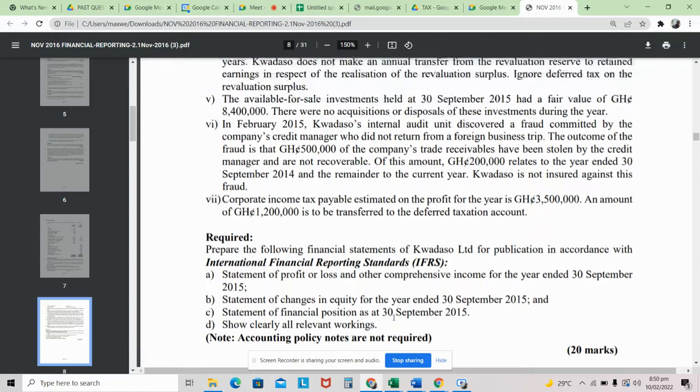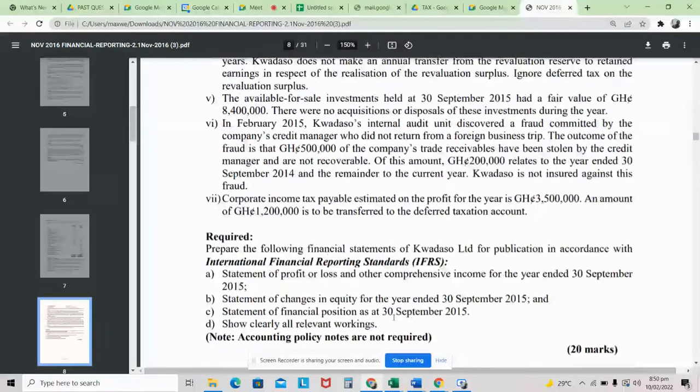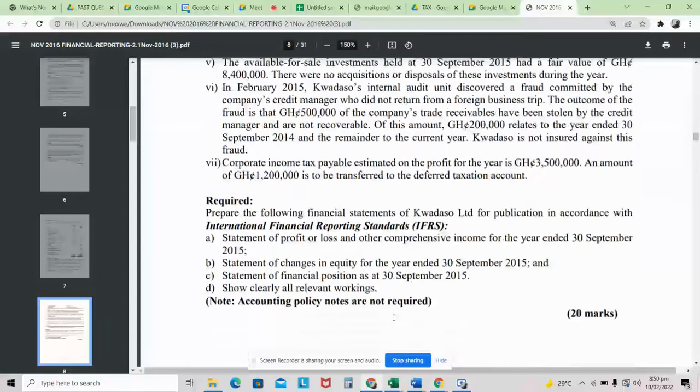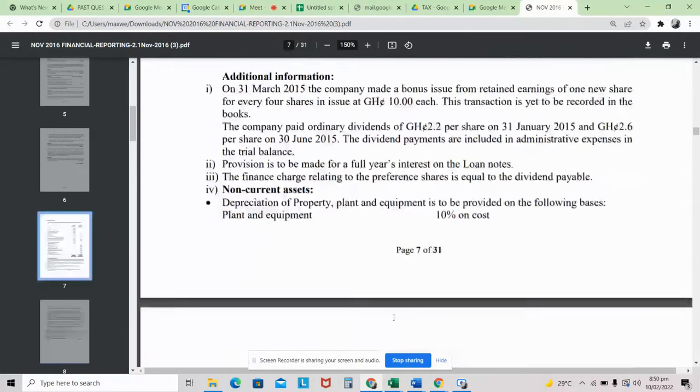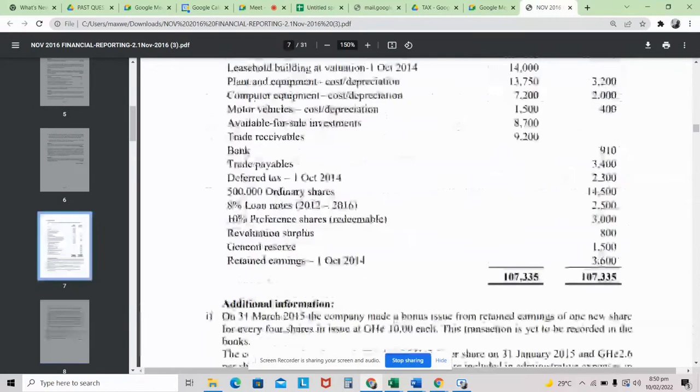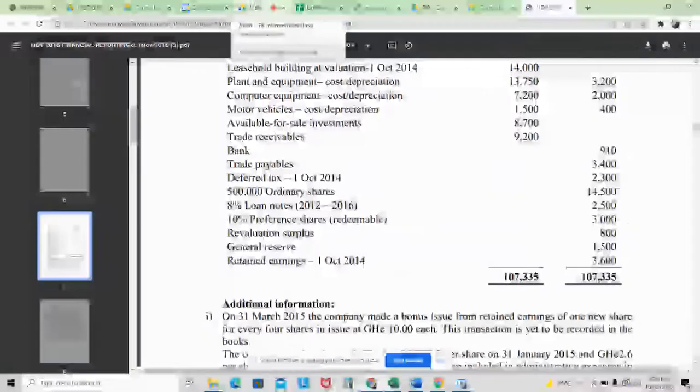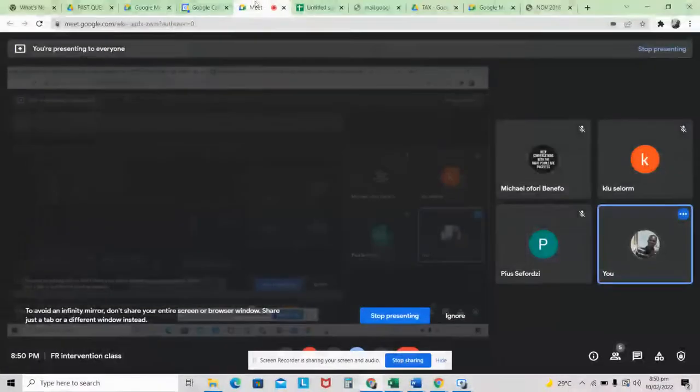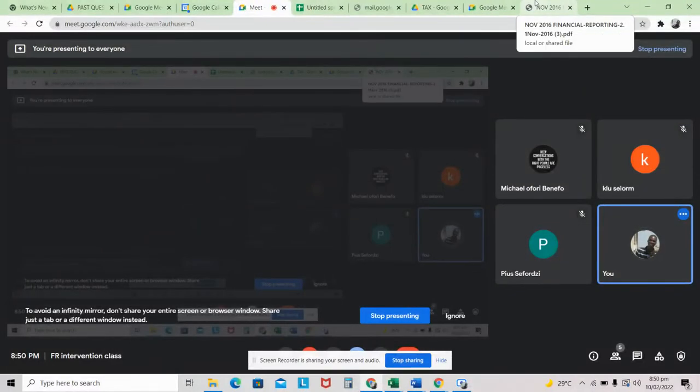Okay, so this is a question that carries 20 marks. You know that published accounts is a constant topic that comes in every sitting, which means that you must practice as many questions as possible to be well versed in it.